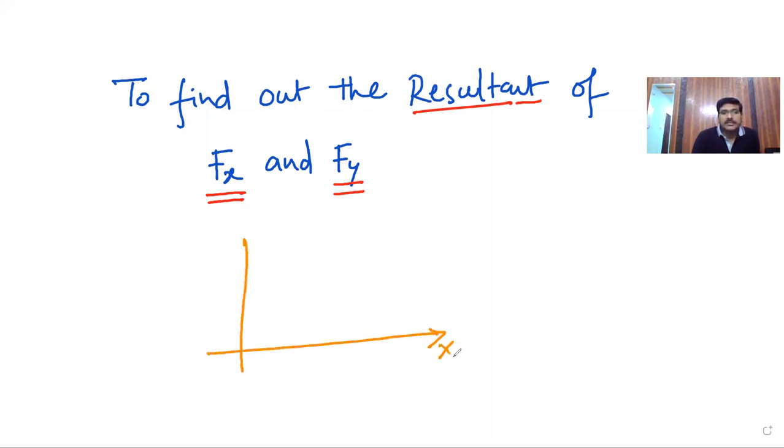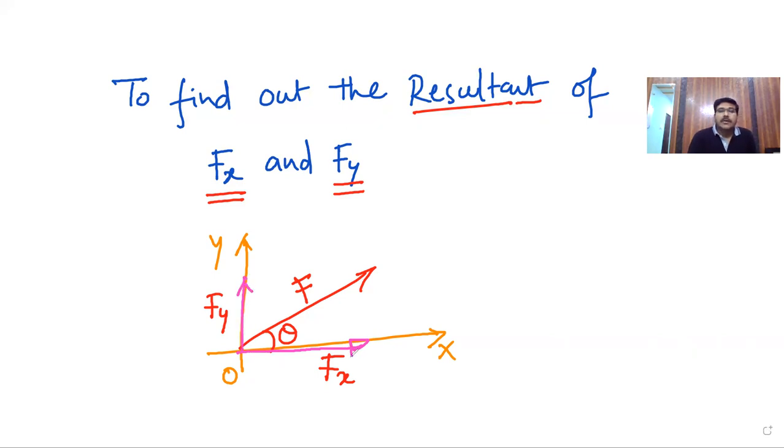This is x-axis, this is y-axis, horizontal. This is the given force Fx. This is the given force Fy along y-axis. Now we are saying that the resultant is F acting at an angle theta. Clear? Now with the help of Fx and Fy, this is Fx. Clear? This is Fy.